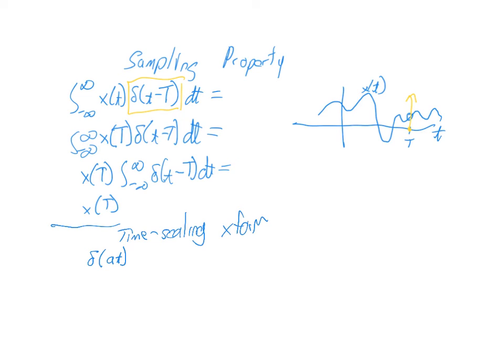So for our example, I'm going to assume that a is some number greater than 1. This is just for example, but the property we're going to derive will work for any a that's a real number that's not 0.